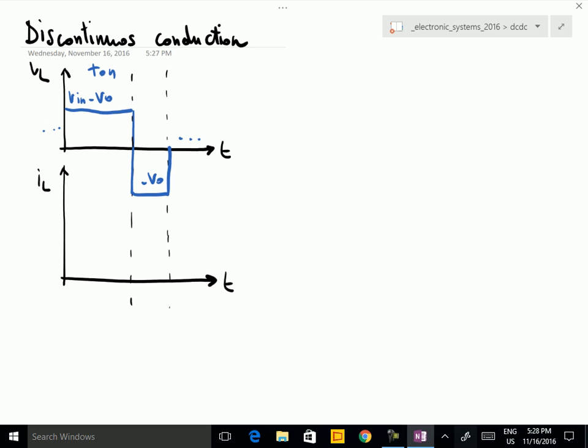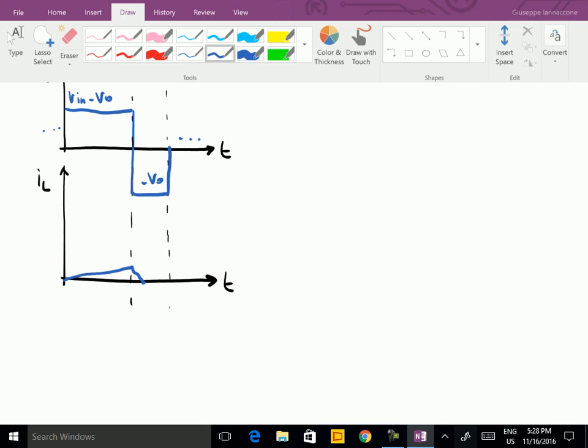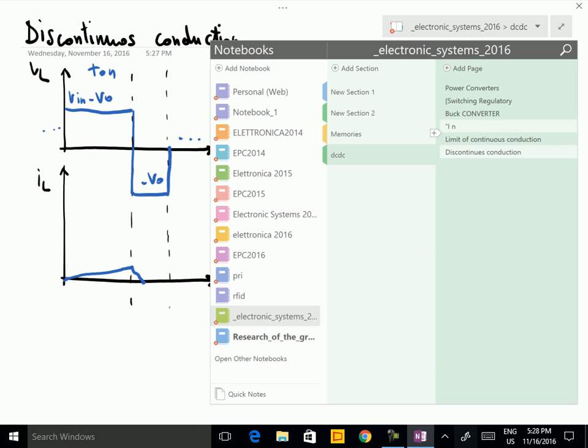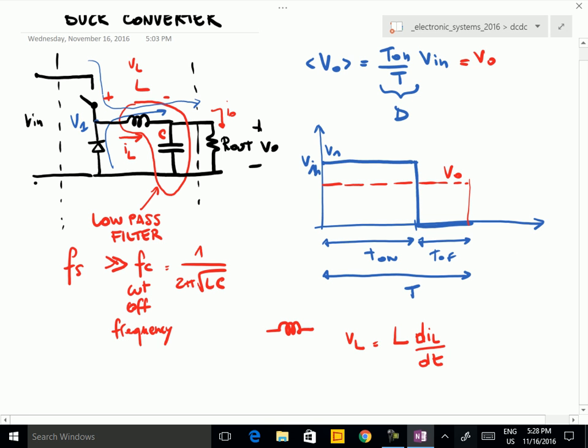Now, if the current is small, what we have is the following. During T on, the current increases. During T off, the current decreases. At some point, it touches 0. When it touches 0, it cannot go negative, because if you look at the circuit we have here, when the switch is off, the current passes through the diode, and of course cannot be negative because the diode is stopping the current.